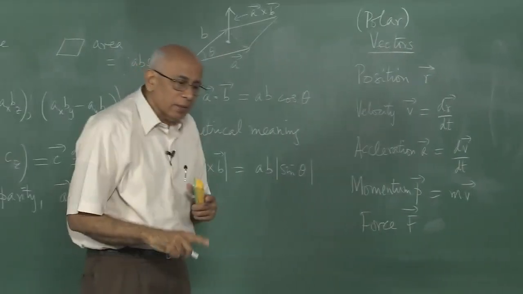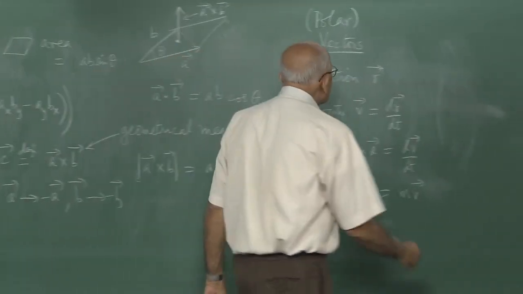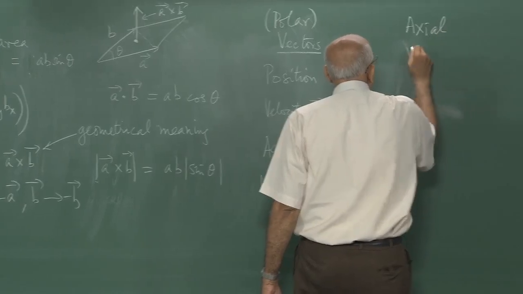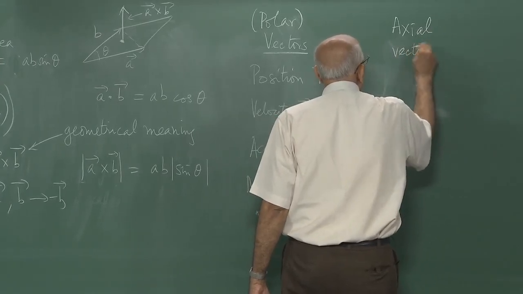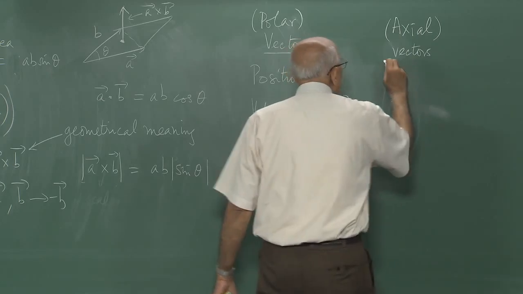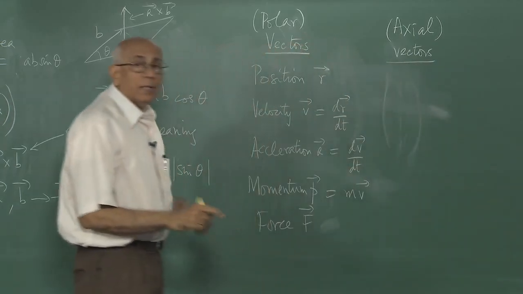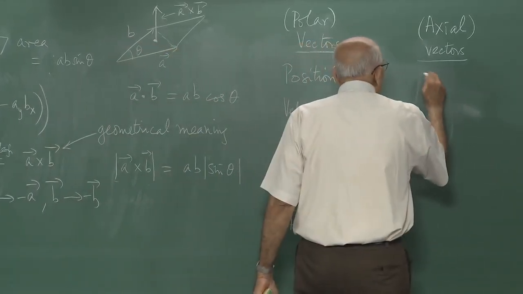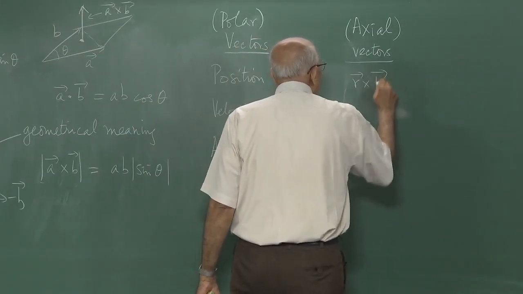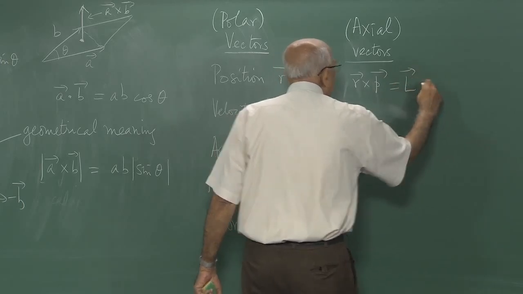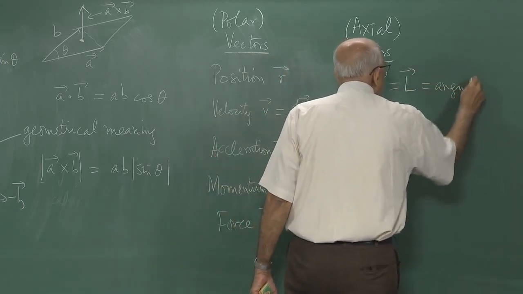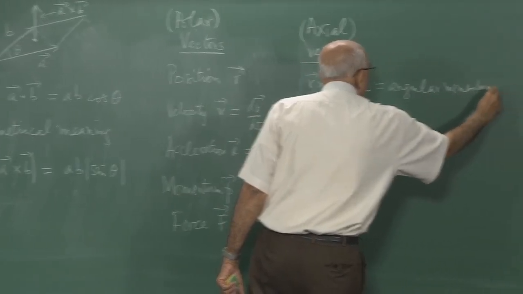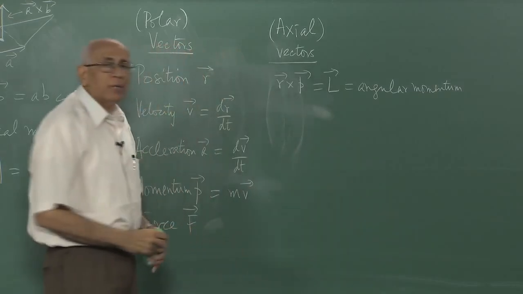And the class of vectors which do not change sign, they are called pseudo vectors or axial vectors. And these are the cross products of any two ordinary vectors. For instance, r cross p equal to the angular momentum. That is an axial vector.